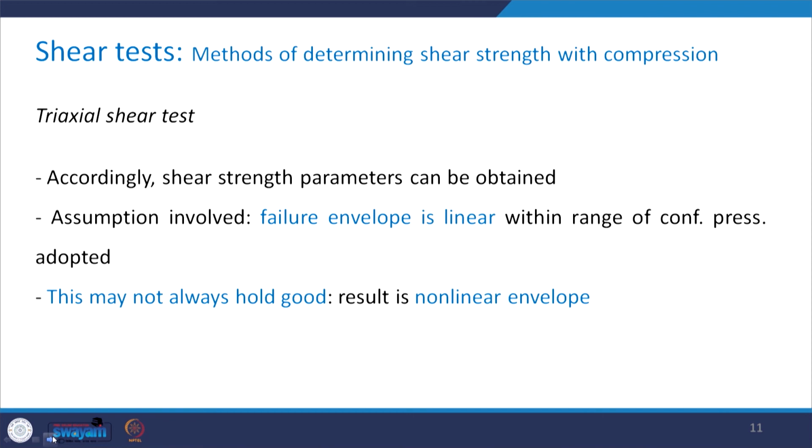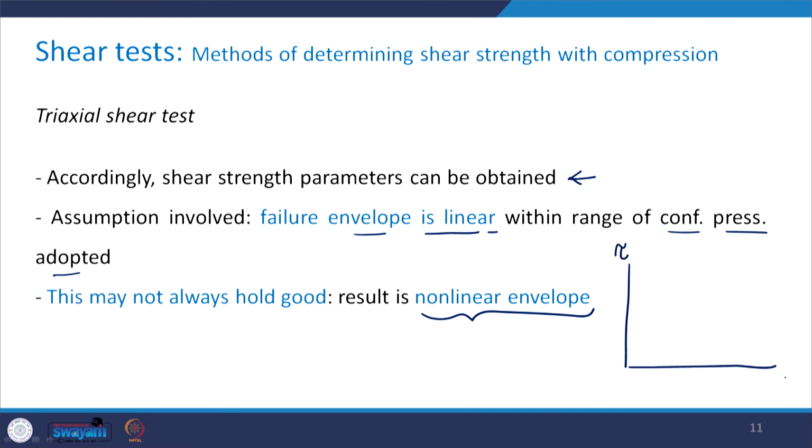Now, as I mentioned, you can find out the shear strength parameters. The assumption involved here is that the failure envelope is linear within the range of confining pressure that you adopt. But this may not always hold good, and the result therefore will be a non-linear envelope. So, if you have tau and sigma, in the beginning you may have this kind of envelope which is not linear but non-linear.